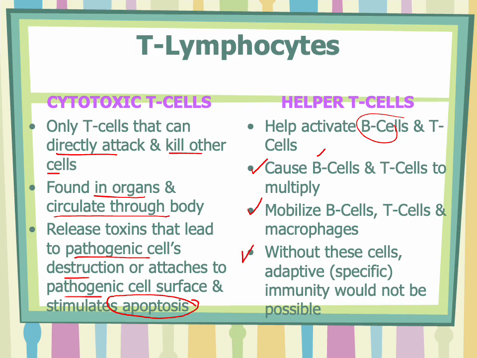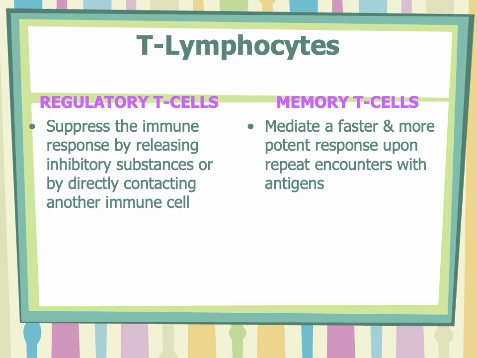And without this, our adaptive immunity is down. That's why HIV attacks these cells, and then we are no longer that protected, and we are open to opportunistic infections. Now, regulatory T cells, they suppress the immune response by releasing inhibitory substances or by acting directly on another immune cell, suppressing the immune response, hence not going all crazy.